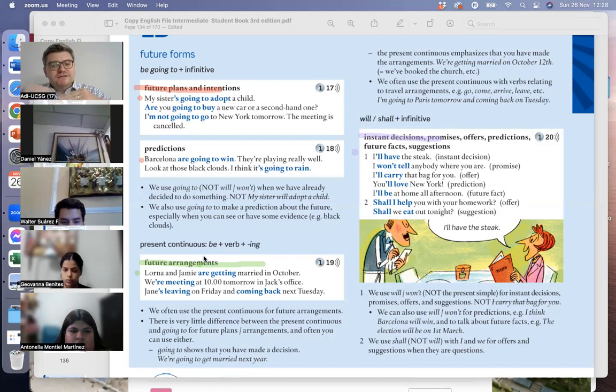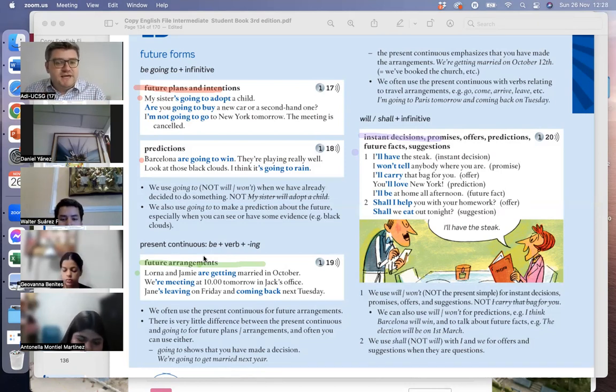But once you get into the higher levels where you are right now, B1, and later B2, then you have to be a bit more precise about what you are trying to say. Is it a plan? Did you just make a decision that you are going, but you did not buy your tickets yet? Or did you actually buy all the tickets, and you have your visas, and so on?